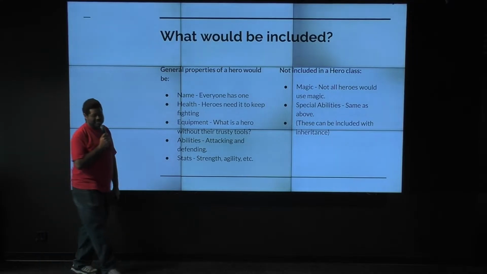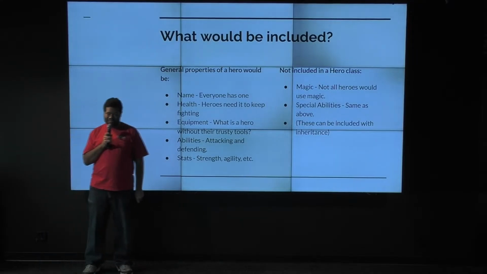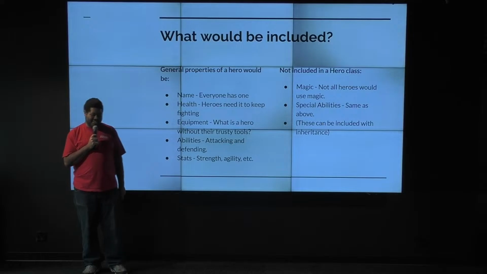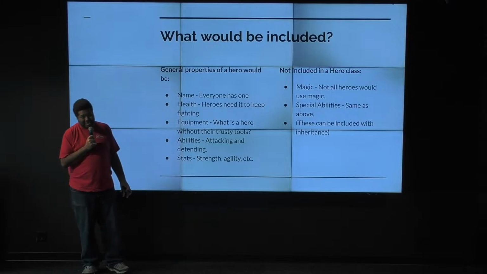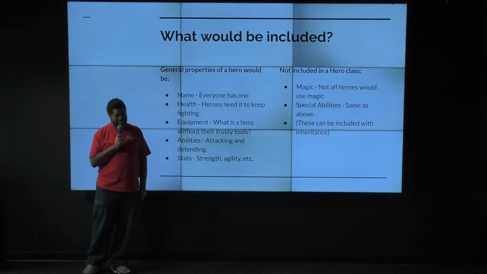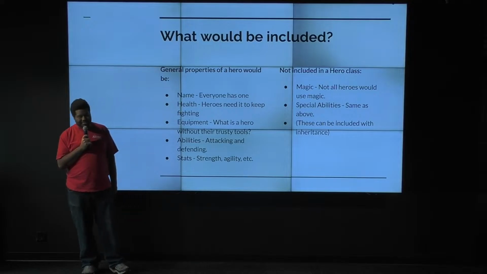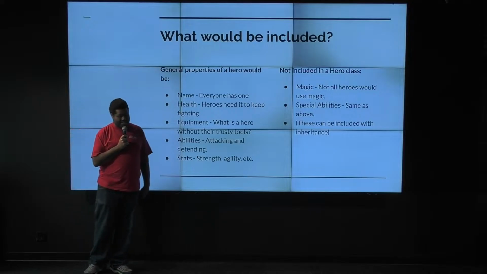So what should you put in a class? Well, a name. And in our little RPG, health, equipment, like equipment types or just equipment itself if you feel like it. Abilities, probably. And stats.